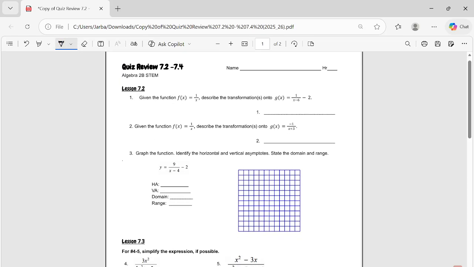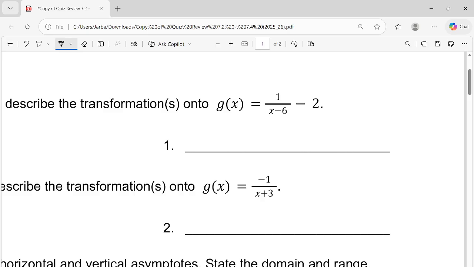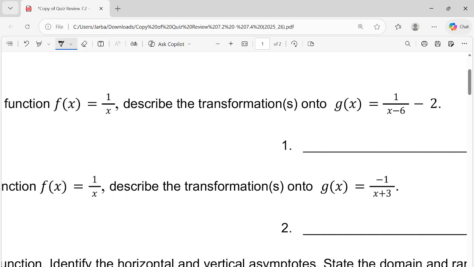Alright, number 1. Given the function f of x equals 1 over x, describe the transformations on g of x as 1 over x minus 6 minus 2. So this minus 6, where it's x minus 6 in the denominator, is on the inside of the function. It's like you're replacing x with x minus 6.